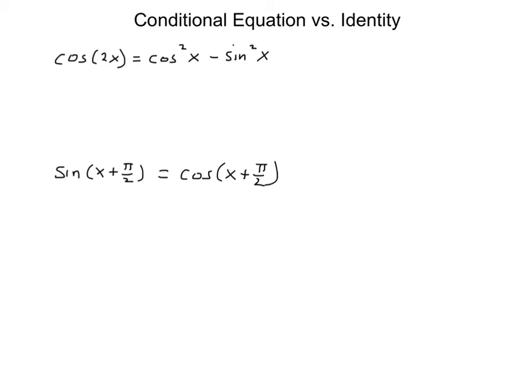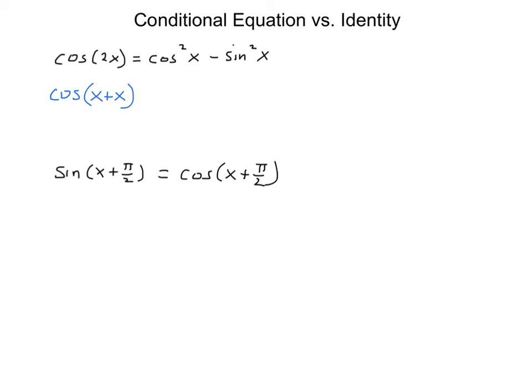There are a lot of different ways of coming up with 2x, and one way is to write that as cosine of x plus x. Now, x plus x is 2x, but now it's also written as a sum. So I can apply the cosine sum formula.